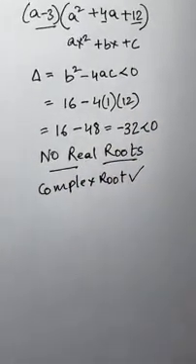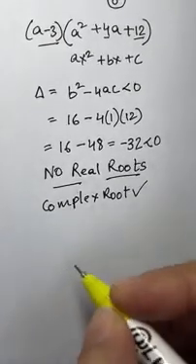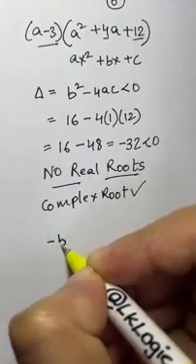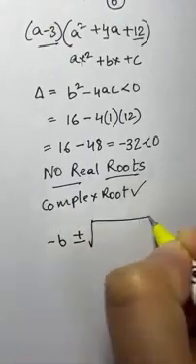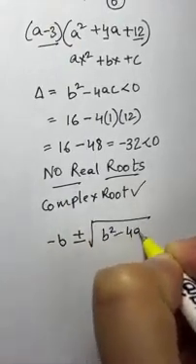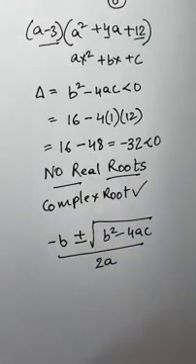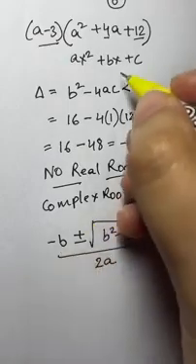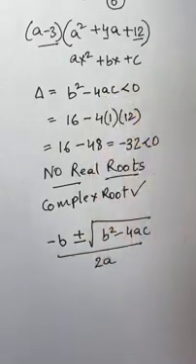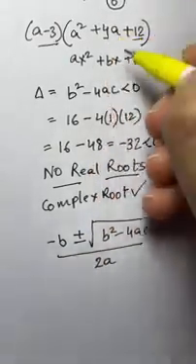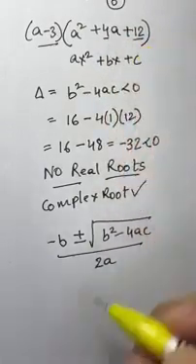Let's find out what those complex roots are. As you know, what is your quadratic formula? Minus b plus or minus the square root of b squared minus 4ac, over 2a. I think you've heard that. So what's our b? b is 4, it's positive 4.